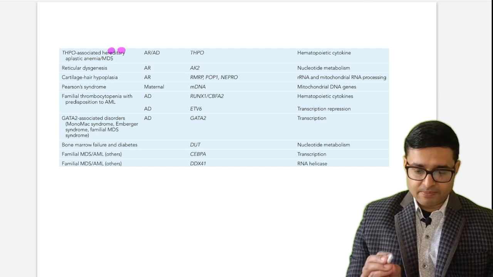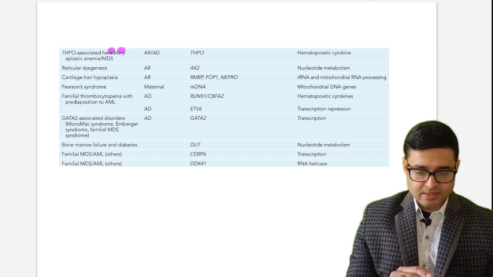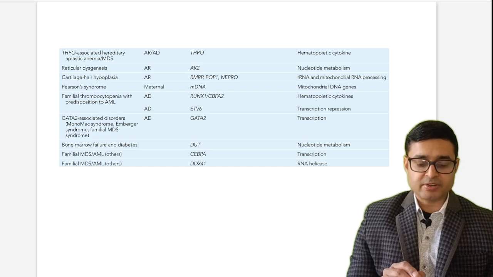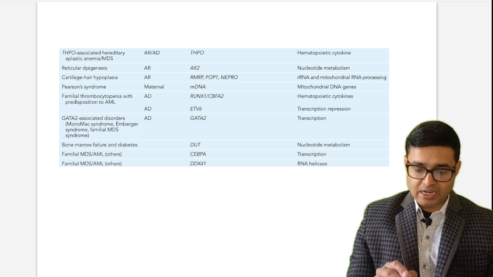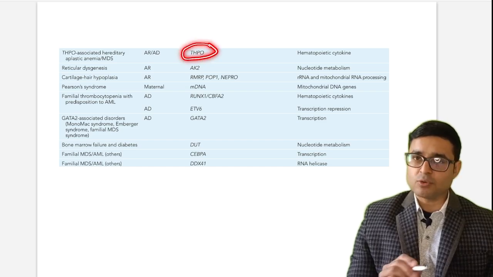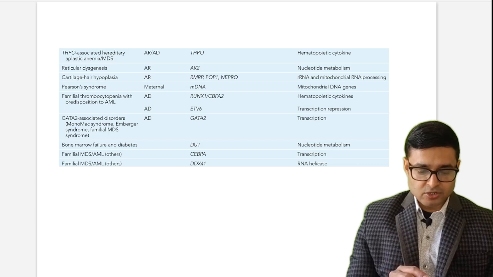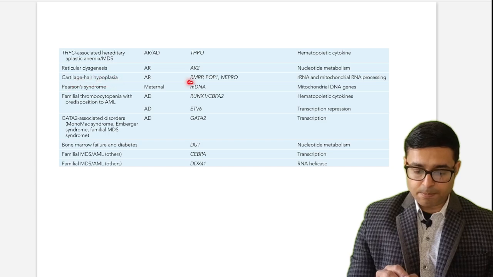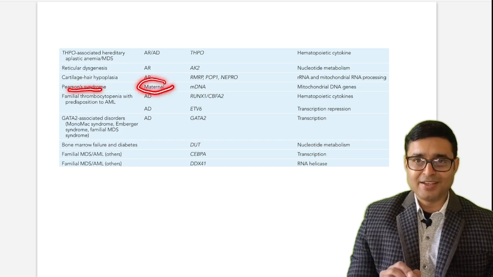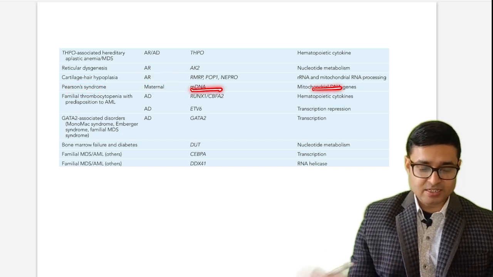Okay, again, next is THPO associated hereditary aplastic anemia. Again, the gene is THPO. Reticular dysgenesis, AK2. Cartilage hair hypoplasia, RMRP, POP1, NEPRO1. Okay, Pearson syndrome: maternal mitochondrial DNA, it is important.